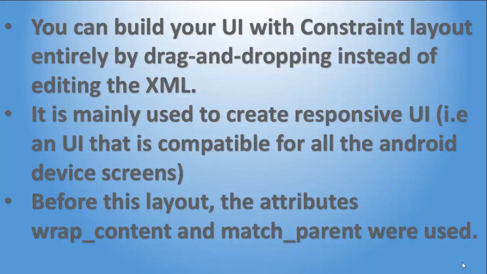Before the introduction of this constraint layout, we would be using these two attributes, wrap content and match parent, to create a responsive UI that would be compatible for all the Android screens.